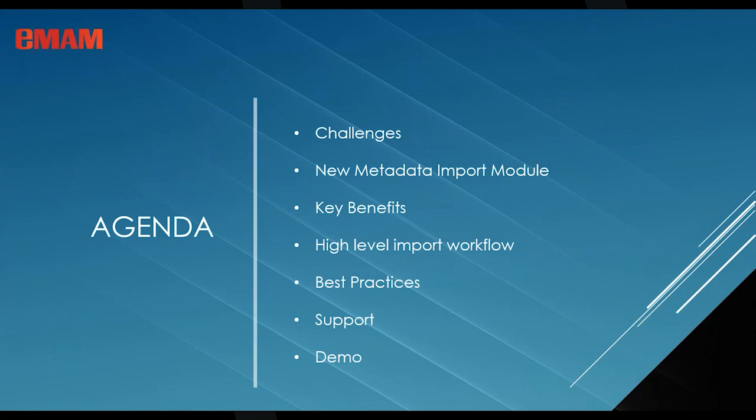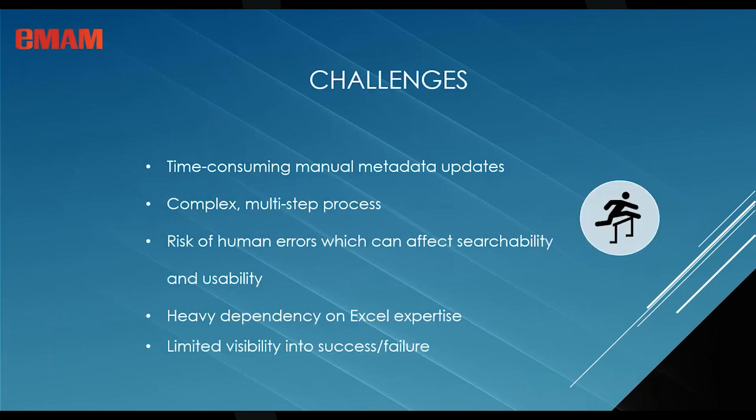So let's look at some challenges users face today when doing bulk metadata updates. As you all know, bulk metadata updates are often a time-consuming and manual process. The current process is a little complex with multiple steps like downloading the template, replacing column headings with standard IDs, etc. Because of all these manual steps involved, there's a high risk of human error, thus impacting the searchability and the usability of the assets.